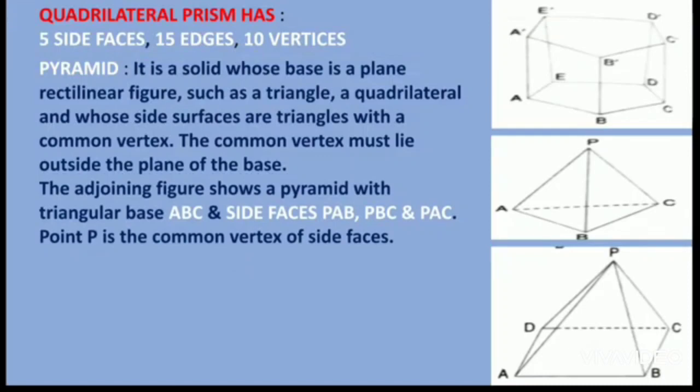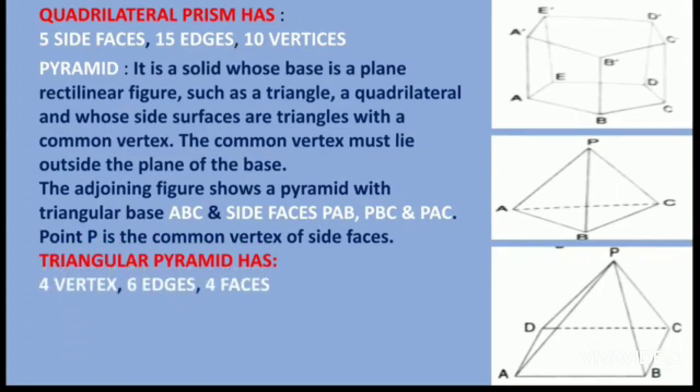The adjoining figure shows a pyramid with triangular base ABC, side faces PAB, PBC and PAC. Point P is the common vertex of the side faces. Therefore, a triangular pyramid has 4 vertices, 6 edges and 4 faces.